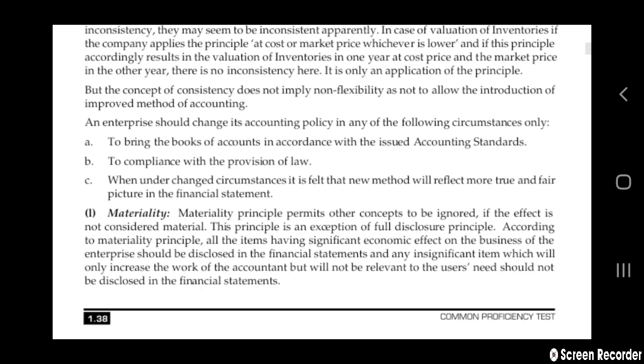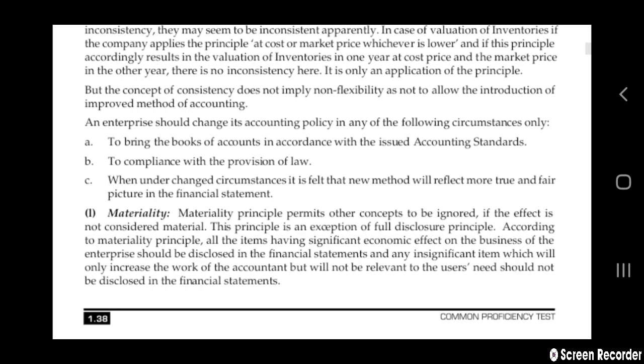According to the materiality principle, all items that have a significant economic effect on the enterprise should be disclosed in the financial statements.